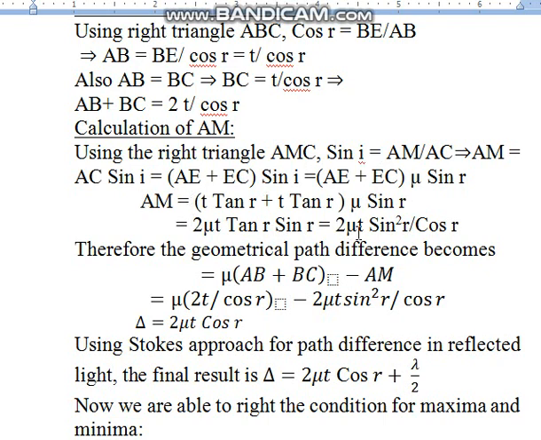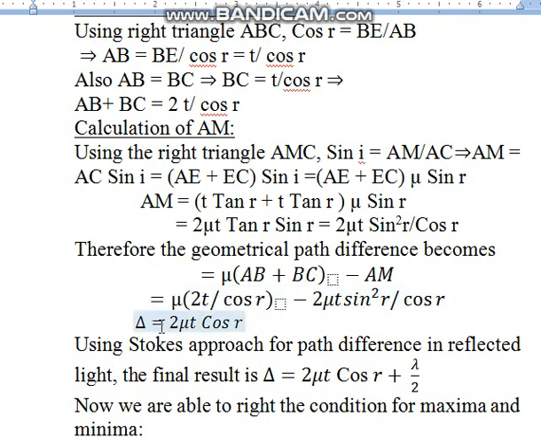AM is twice mu t sin squared r divided by cos r. This is the geometrical path difference. When we put the values of AB, BC and AM, the result is twice mu t cos r. So this value is the geometrical path difference.